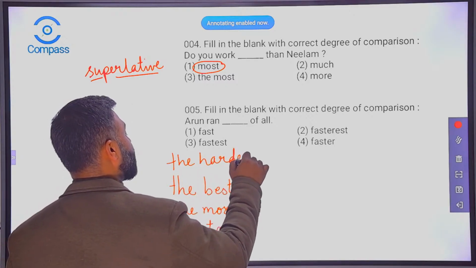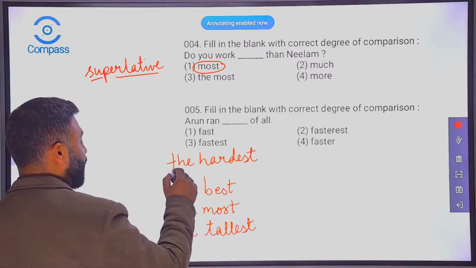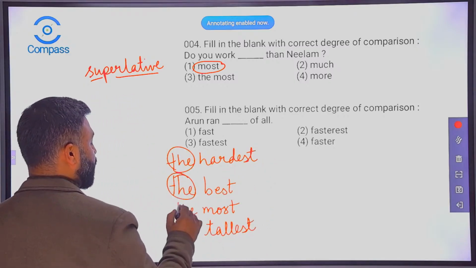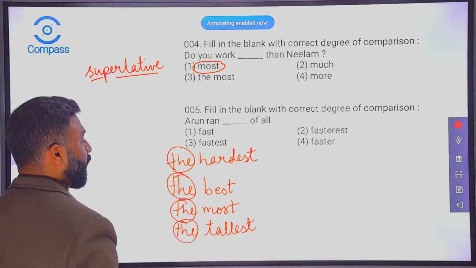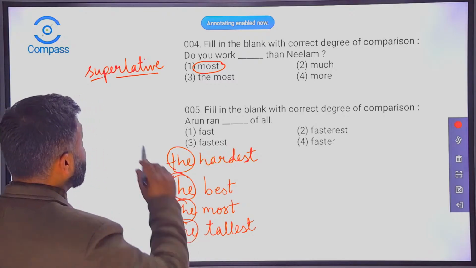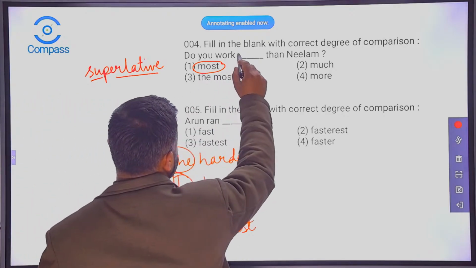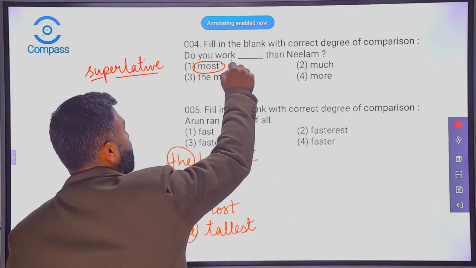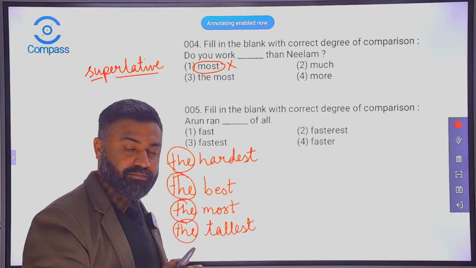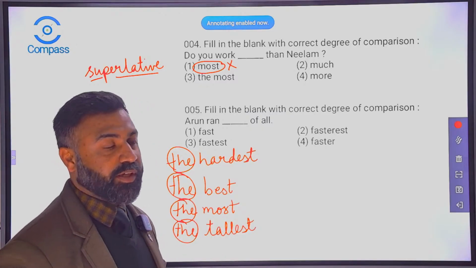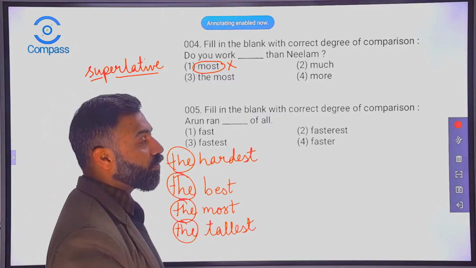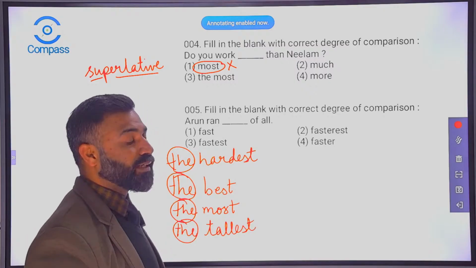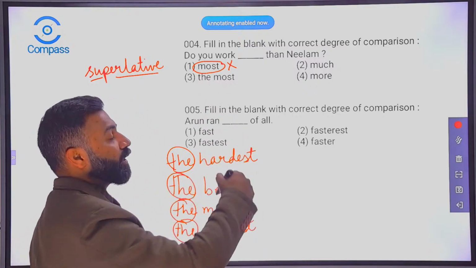So what is common? What is something that I want you to learn? The. Okay, the is going to be there with superlative form. But do I see any the here? I don't see. So that means most is not there. We cannot write down do you work most than Neelam because the is not there.